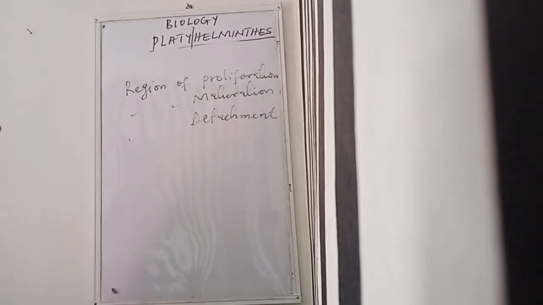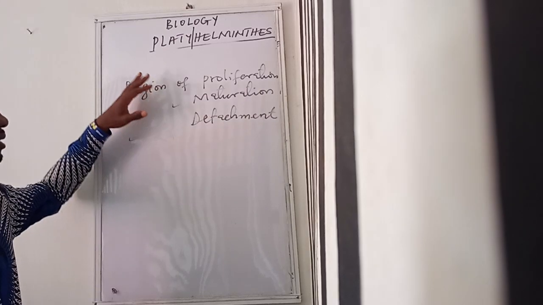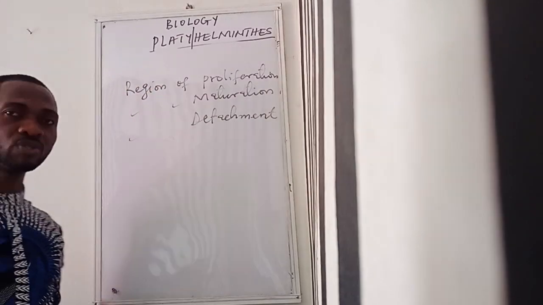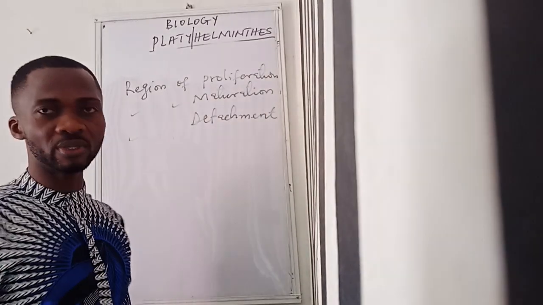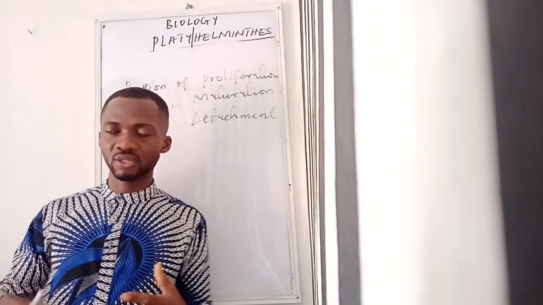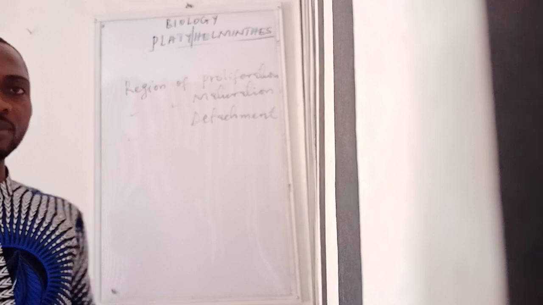So in this case now, you discover that the first region within the segment, just below the neck, is the region of proliferation. That is where new proglottids are formed.